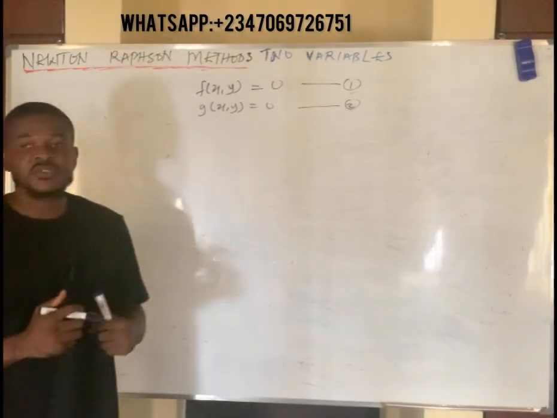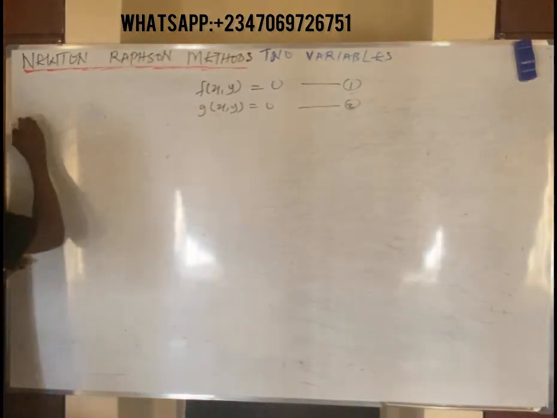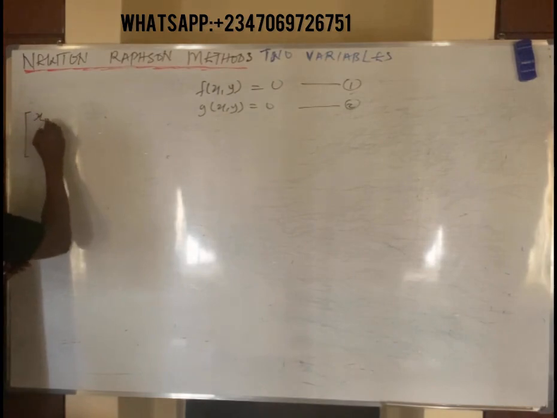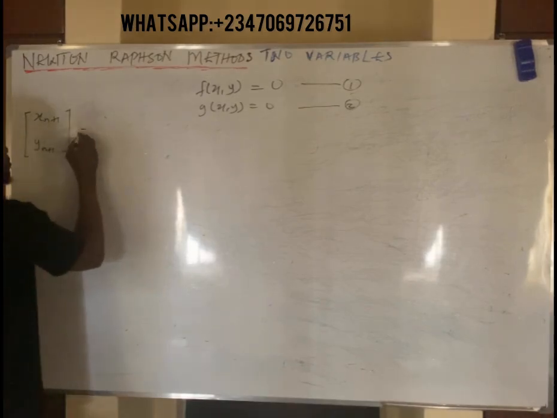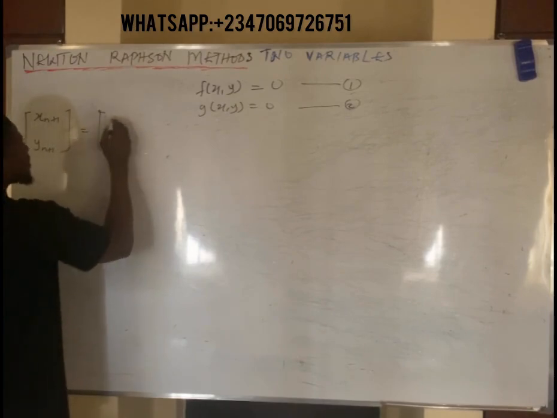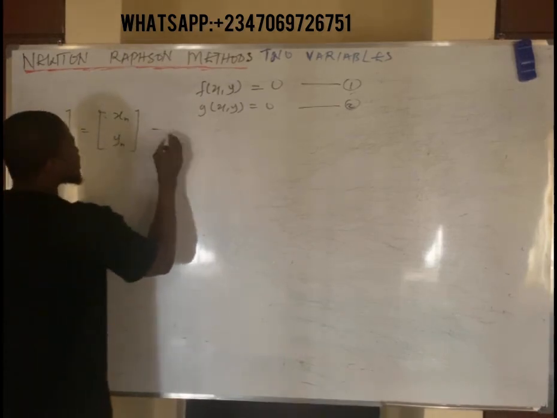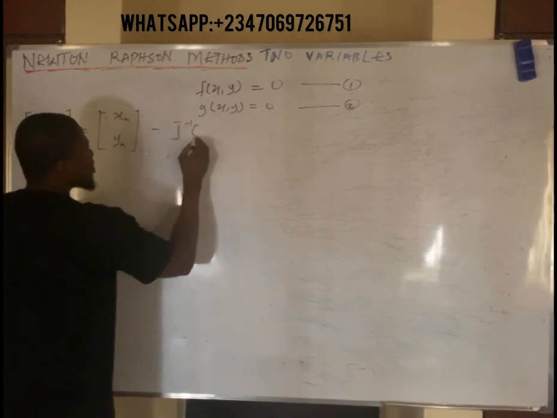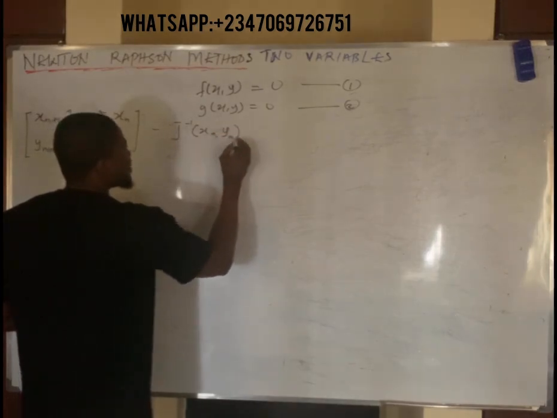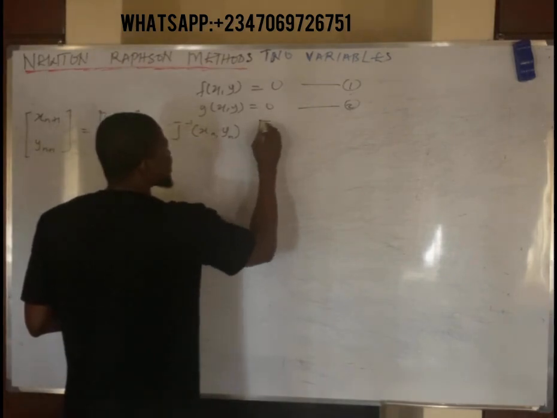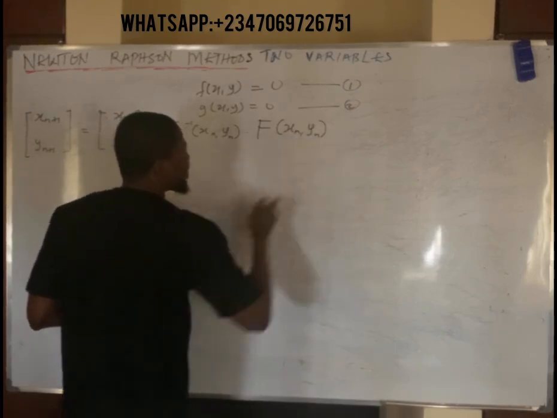Now, to approximate such nonlinear equation, the Newton-Raphson's formula to use is given simply as xn plus 1, yn plus 1 equal to xn, yn, minus the Jacobian inverse of the function xn yn multiplied by the function, or the matrix of the function, xn yn.